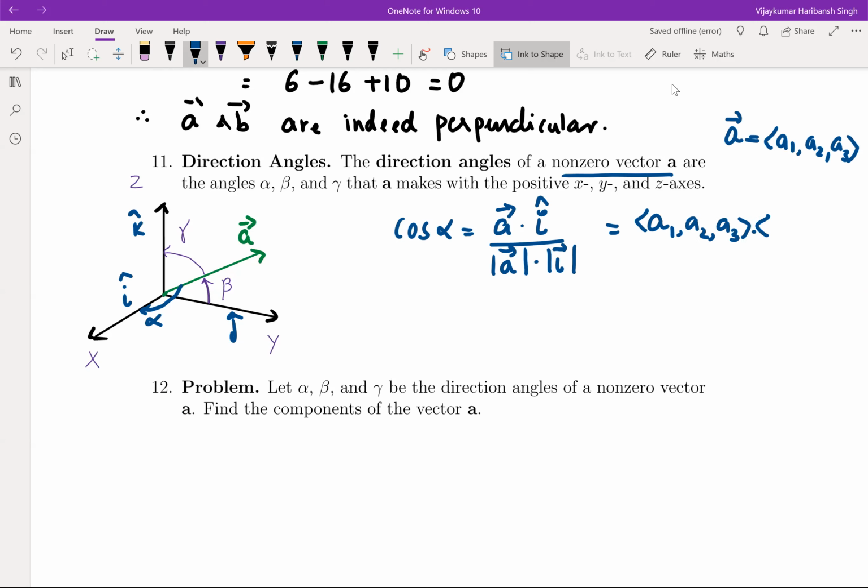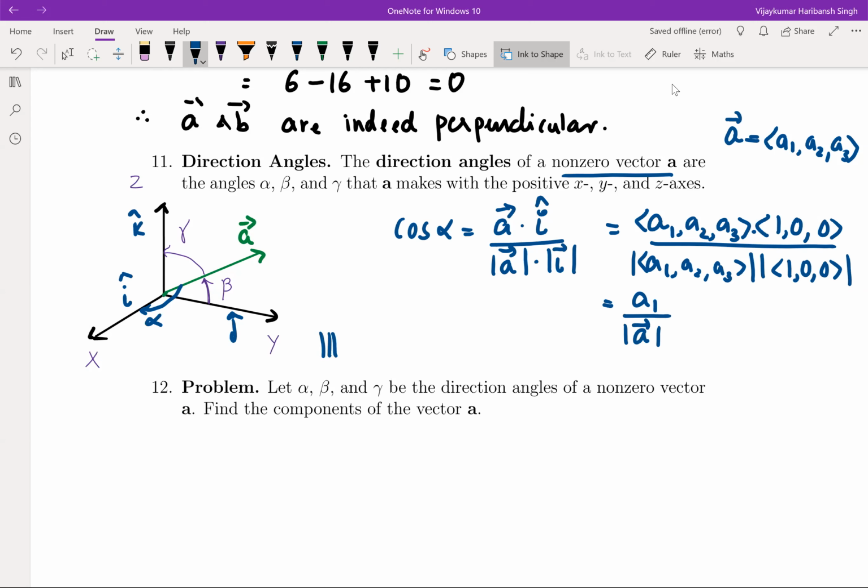And what is vector i? Vector i is given by 1, 0, 0, divided by length of a1, a2, a3 times length of vector 1, 0, 0. We know that that's a unit vector. So in this case, we get a1 divided by length of vector a.